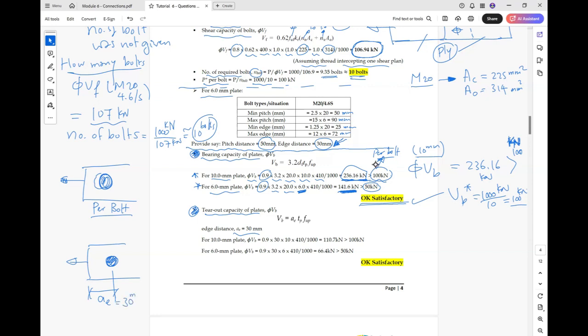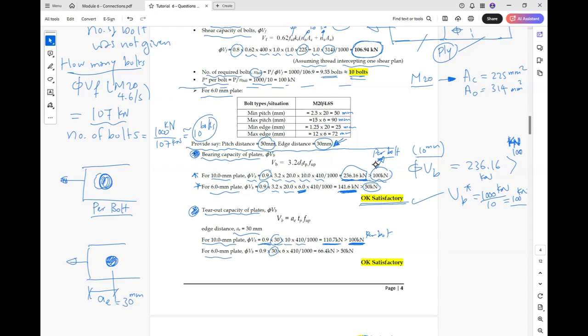We assume it as 30 millimeter. So for the 10 millimeter plate, 0.9 is phi, 30 is the edge distance, 10 is the thickness of the plate, FU is the ultimate strength, 110, more than 100 kilonewton per bolt. So it is okay.